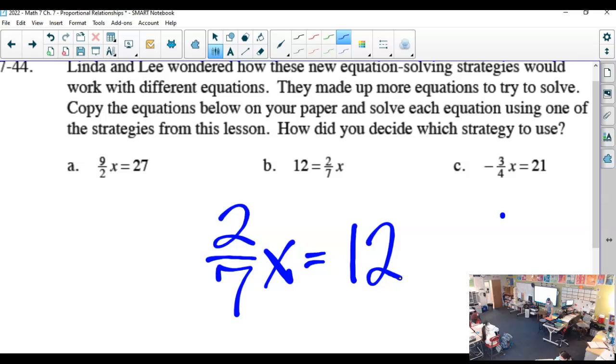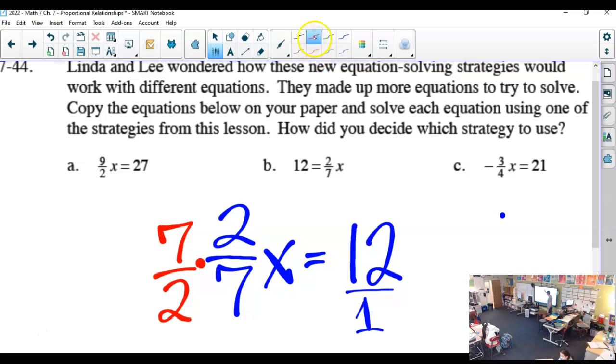Because then, Vanessa, help me out. What's the reciprocal of 2/7? 7 over 2. We're multiplying with that. What do I do to 12 to make it easier? Put it over 1.